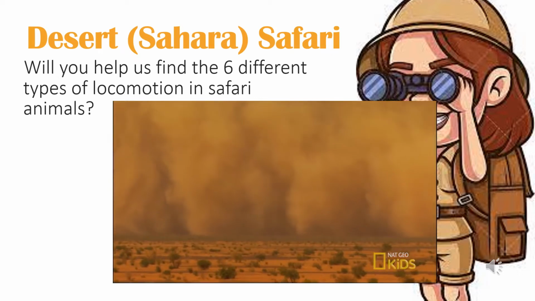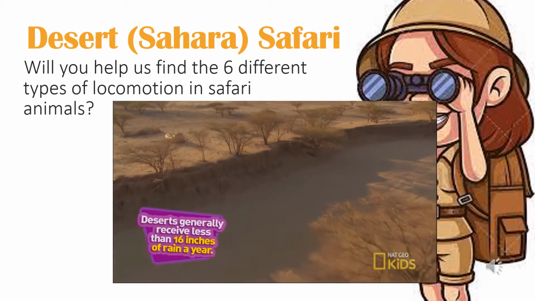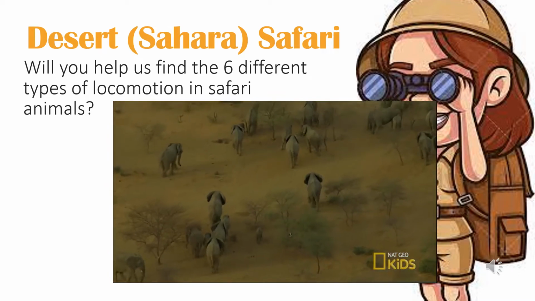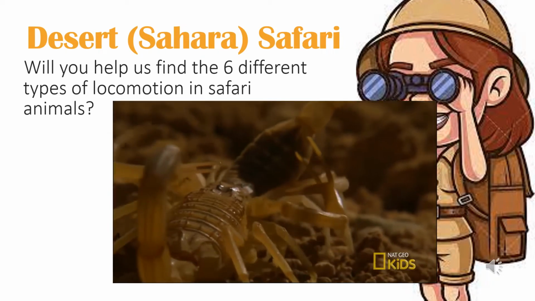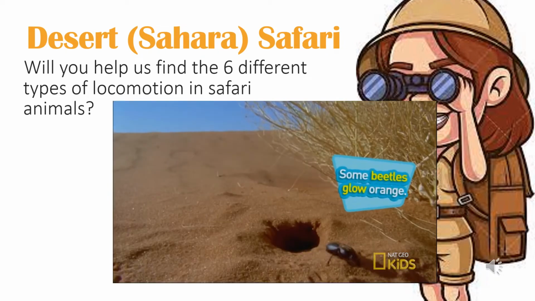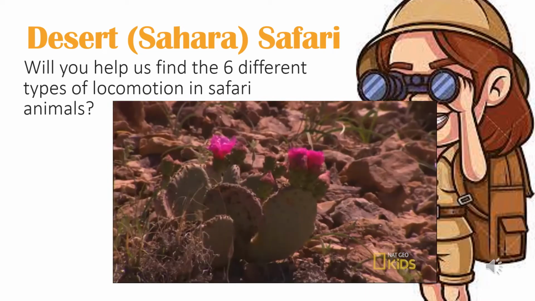In the desert, it's a magical land, no forest. You see a lot of sand, it gets hot for animals and men. Out in the desert, baby elephants going for a run, and the baby goat playing in the sun. Be careful around the scorpions. Out in the desert, see the beetle leave his hole. Yeah, he's got somewhere to go. That Gila monster's moving slow. Out in the desert, can I get a cactus?